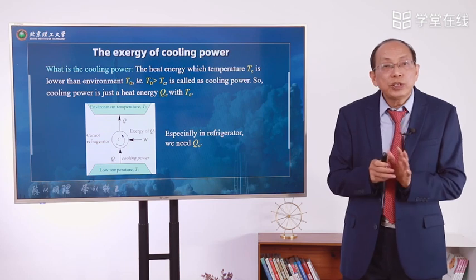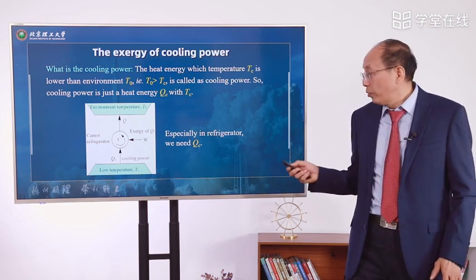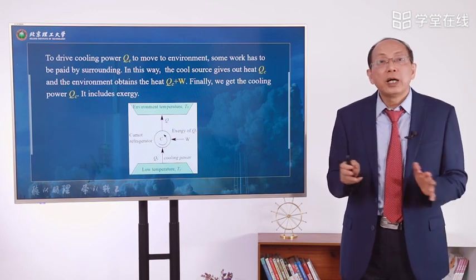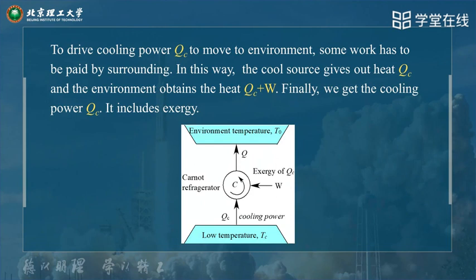So how do we calculate the exergy of Qc? We can think of it another way. Let a refrigerator drive the cooling power Qc to move to the environment. Some work has to be paid by the surroundings.